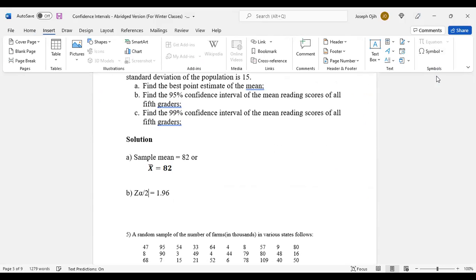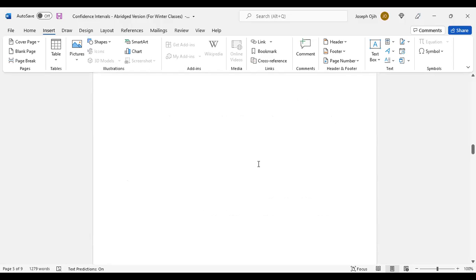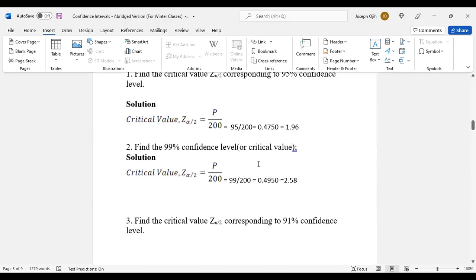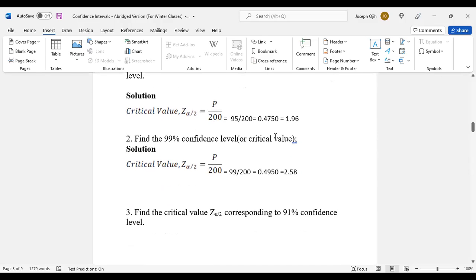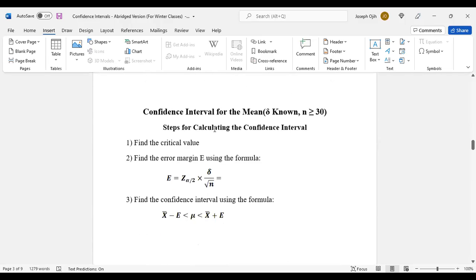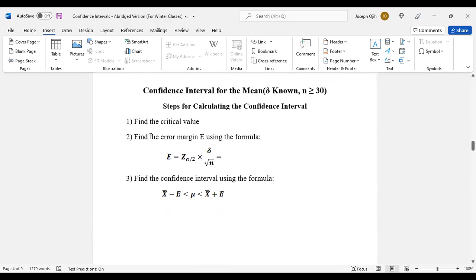You can also find it from our calculation. We did it here, if you remember, a few minutes ago, for 95%. It's 1.96. If it is not given on the table, use this formula to get it. So we have done the first part. The second part says, find the error margin using this formula. So we're going to put the formula right there.